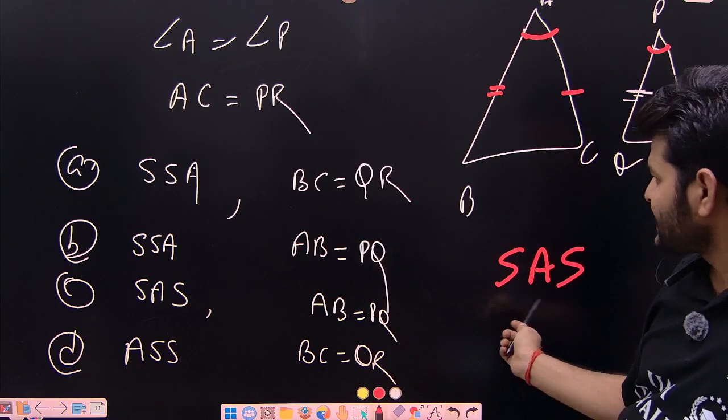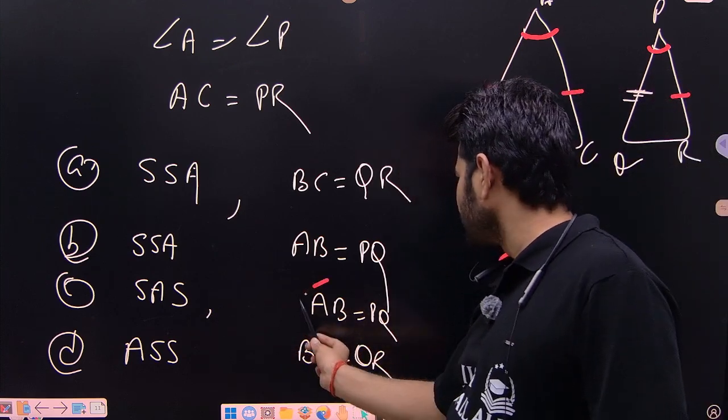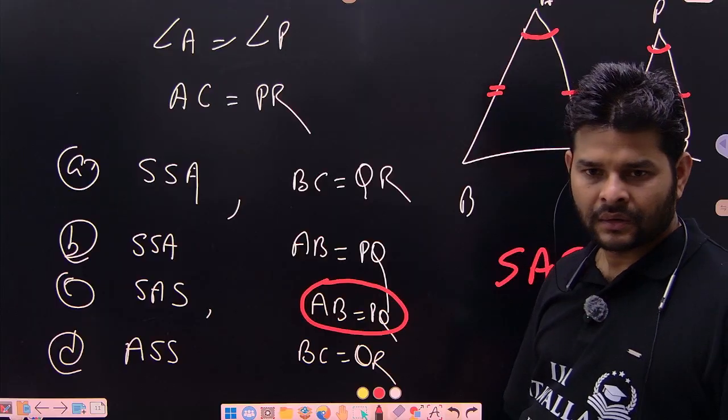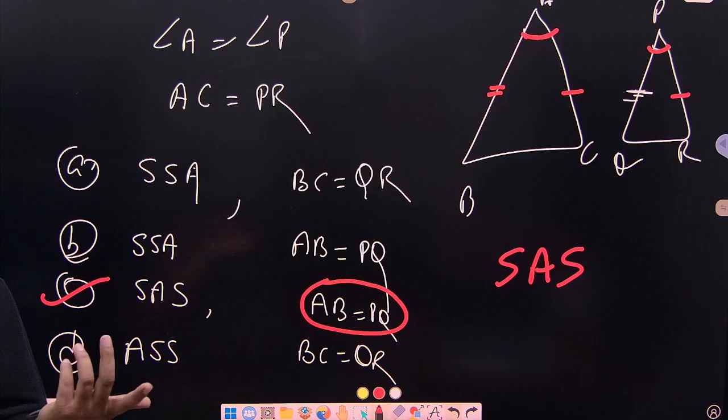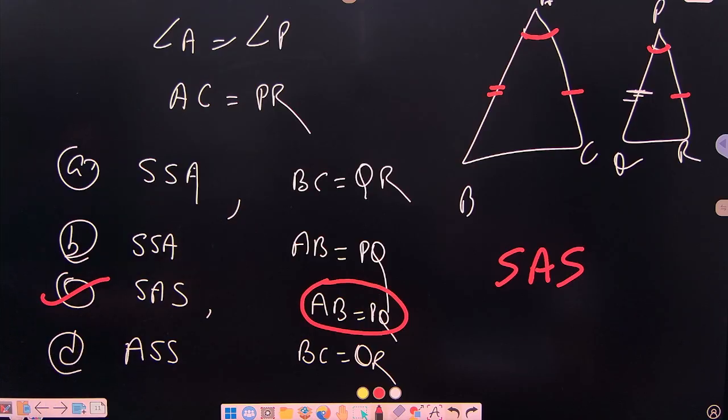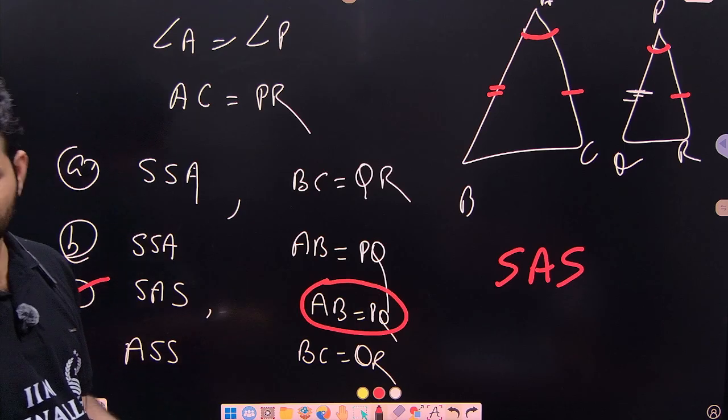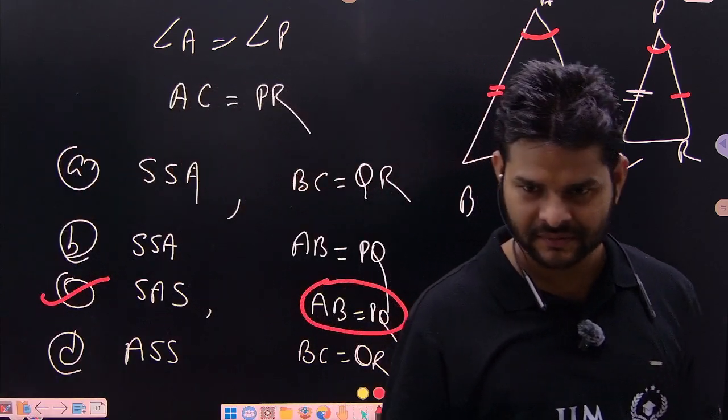So see, in SAS you need to prove what? So this is the mandatory property. If you are able to prove that, then both the triangles must be equal. CGL PD. Such kinds of question is going to be asked.